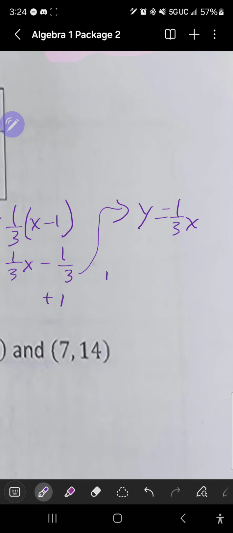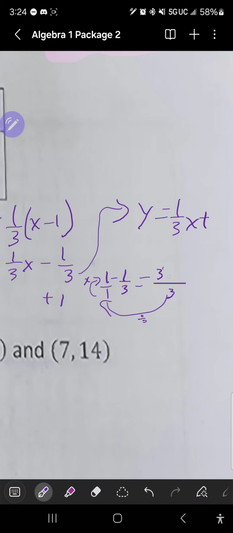So this will be 1 minus 1 over 3. The 1 is positive, so we just give the positive sign here. And we want to have the same denominator, so 3. Now, 3 divided by 1, since this is 1 over 1, is 3. 3 multiplied by 1 is 3.